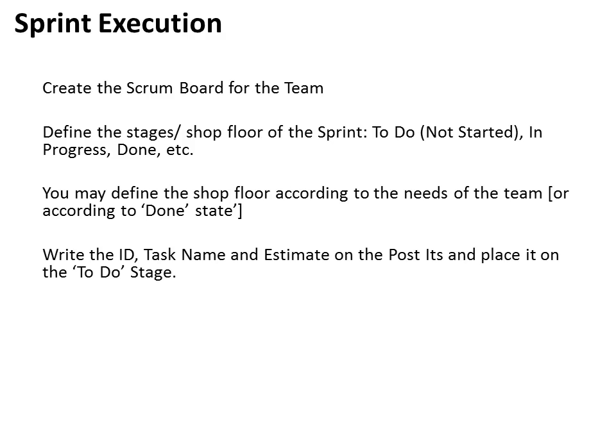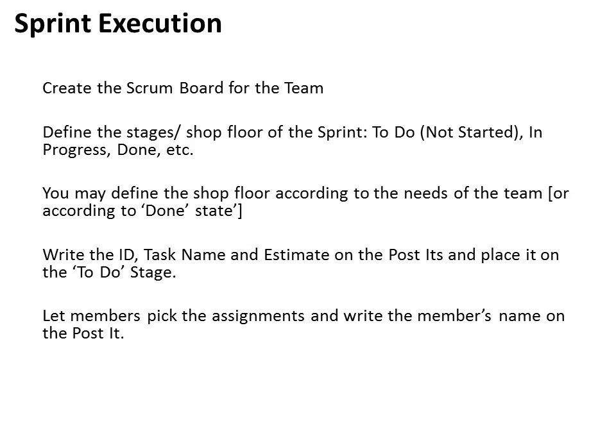You need to have the ID, task name, and estimate posted, and that's how you start the to-do stage. Each member should pull an assignment and add his or her name to it.